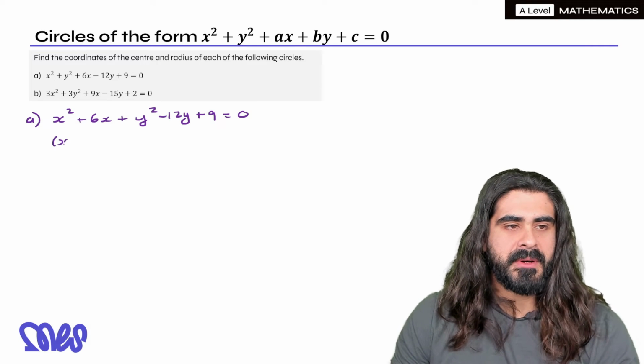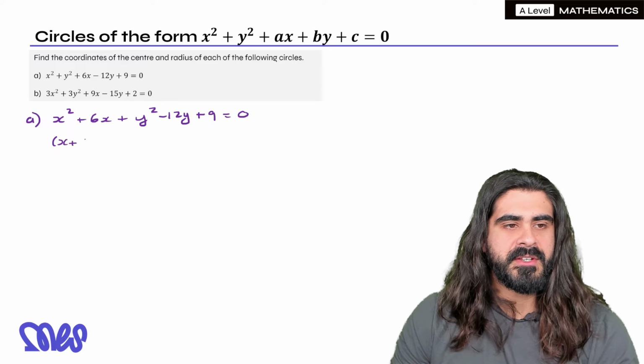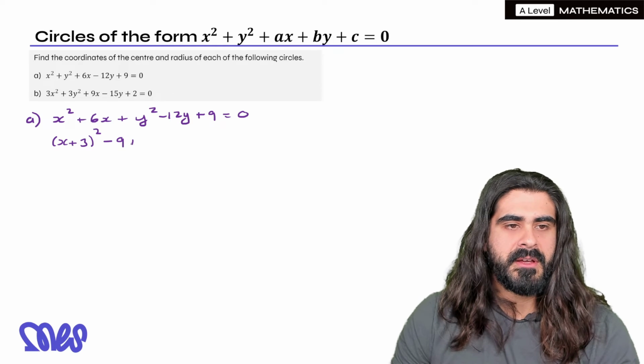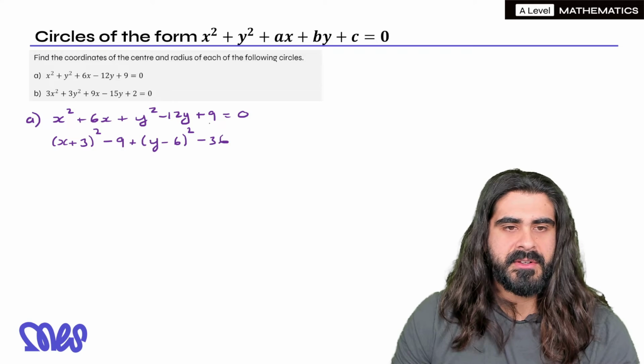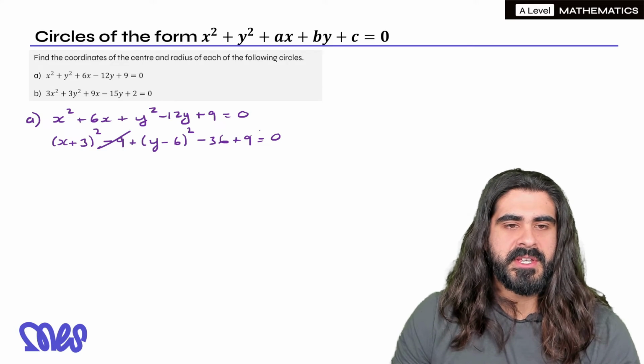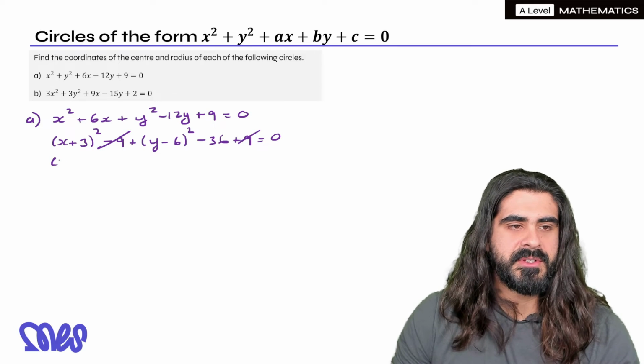So you're going to have x plus half the coefficient of x, which is 3, squared. Subtract this number squared, well 3 squared is 9, plus y minus half the coefficient, 6, squared. Subtract this number squared, which is 36, and then plus 9 is 0. Which is nice because the 9's cancel and the minus 36 can go to the other side.